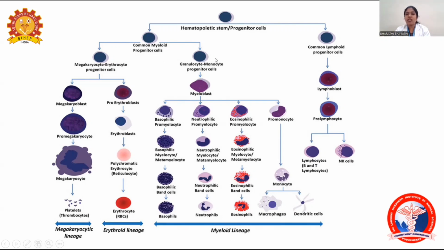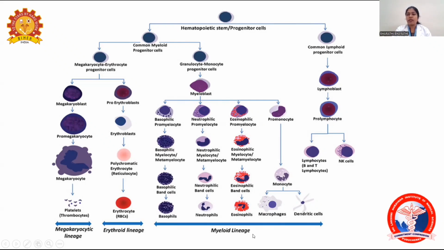In the myeloid lineage, the precursor is myeloblast, which gives rise to neutrophilic precursor, basophilic precursors, eosinophilic precursor and monocytic precursors. What are the precursors of neutrophil? Myeloblast, promyelocyte, myelocyte, metamyelocyte, band forms and mature neutrophils. In the same way, all the other cells have their precursors in the bone marrow.